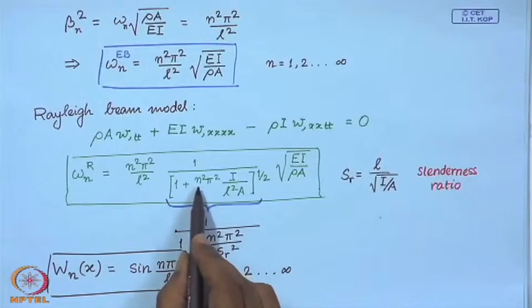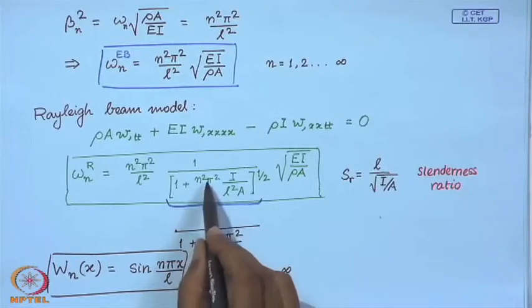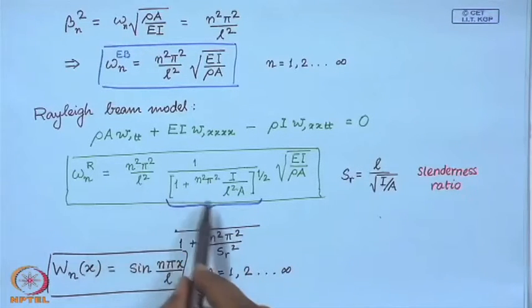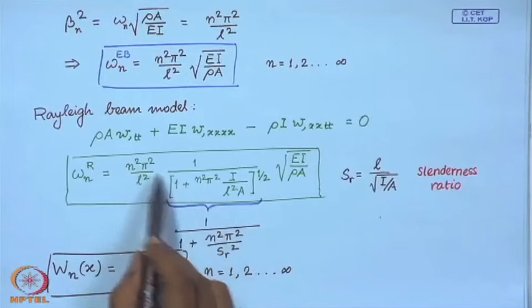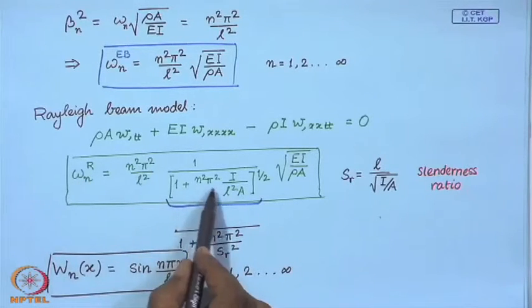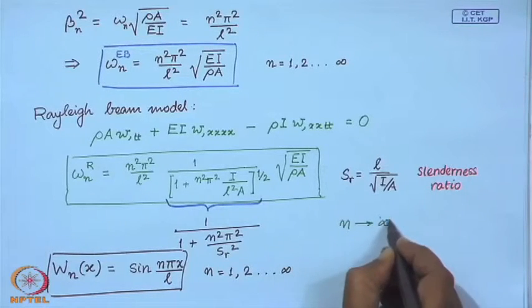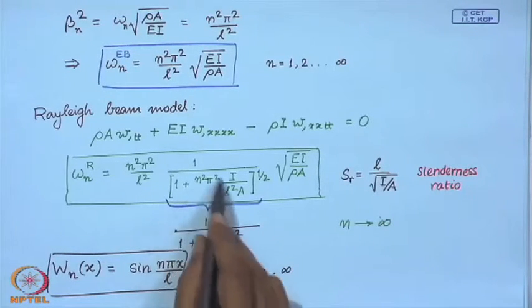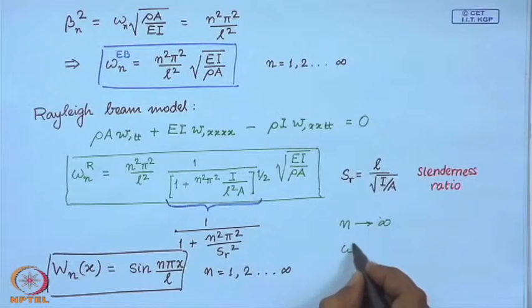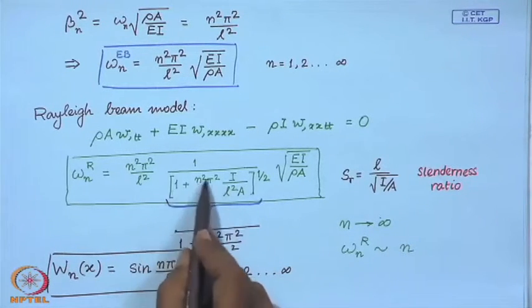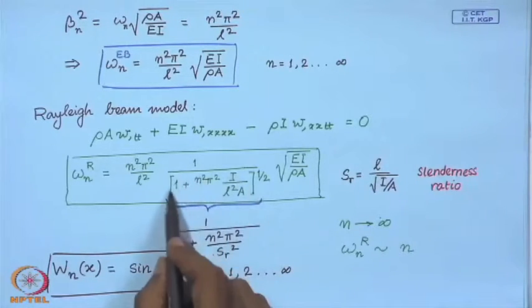Now, you see if n is very high, suppose n tends to infinity, then you can easily see that the frequencies become proportional to n. So, if n becomes much larger than 1, then this term becomes much greater than 1.